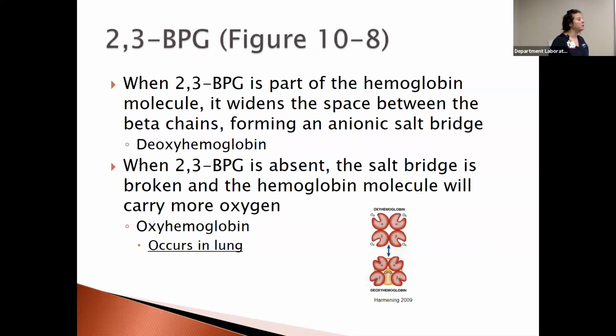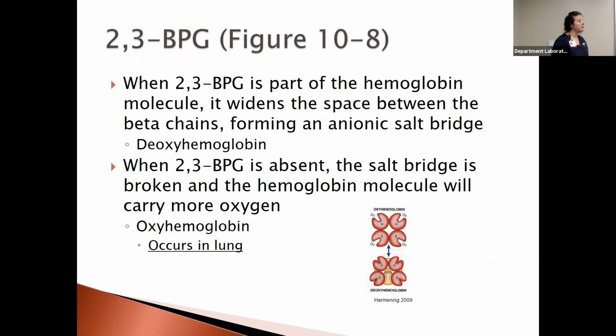Okay, so think about 2,3-BPG, 2,3-DPG. It kind of acts as a bridge, okay? It's going to be between those beta chains, and it forms a salt ionic bridge. It's going to widen the space between those beta chains.